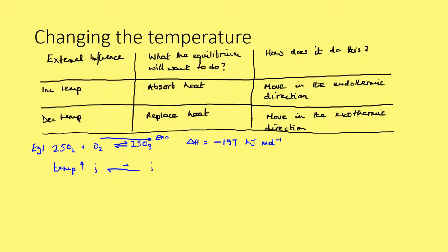So that little symbol there can illustrate the fact that it's going to go in the endothermic direction to the left. Now, what effect is that going to have on the amount of reactants and products? Well, if it's going in the left direction, then that means there's going to be less product.